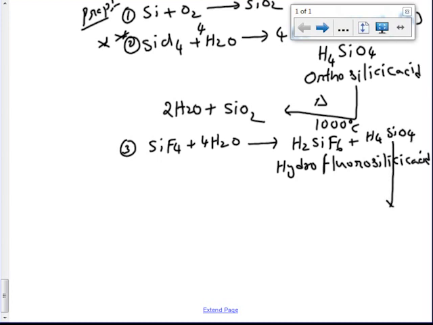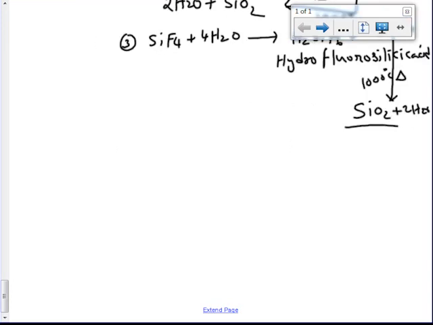We already know H4SiO4 on further heating at 1000 degrees Celsius gives SiO2 plus 2H2O. Out of these 3 methods, the second method is the most important and best method of preparation of SiO2.